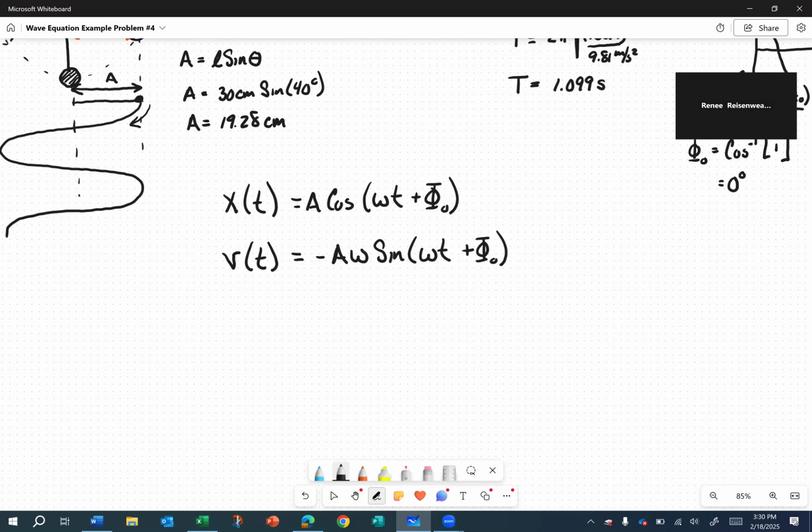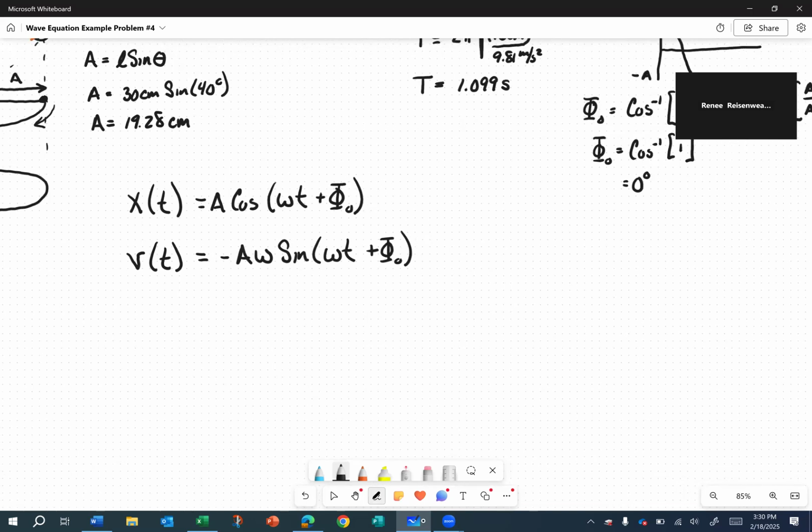The reason I also want to look at the velocity equation is because the information that I know is that the length of the pendulum is 30 centimeters. The angle in which I pull it back is 40 degrees. And I was given the velocity. I want to know the time it takes to reach a velocity of 0.8 meters per second.